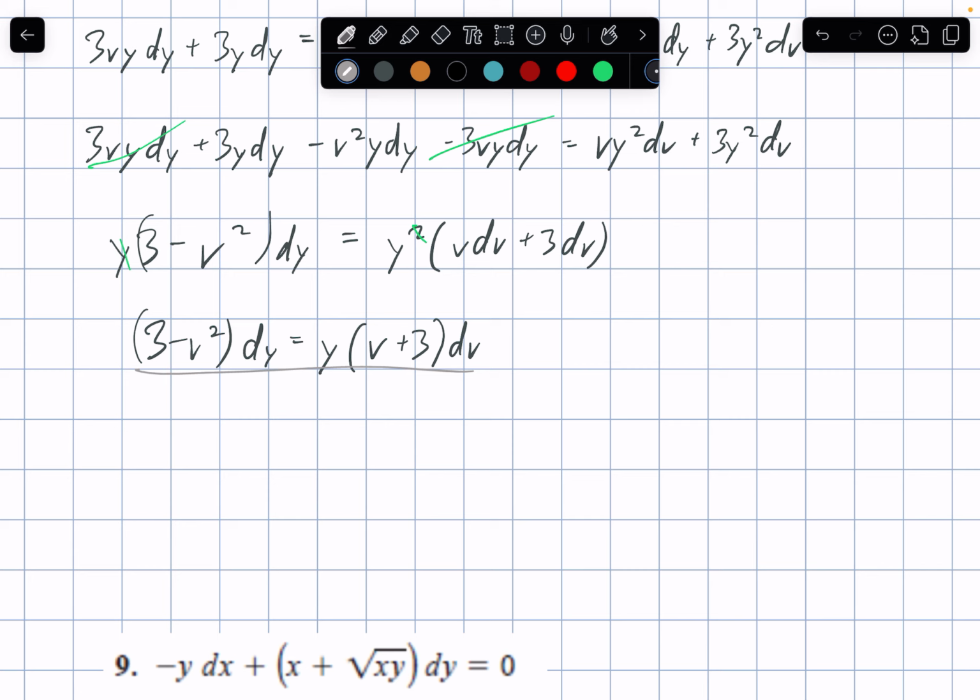Divide by y quantity 3v minus v squared. So dy over y integral. We're gonna integrate that later, but we'll write the integral sign later. V plus 3 dv over 3 minus v squared.